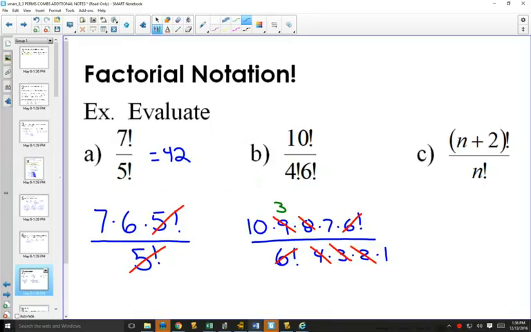Yeah, I can do that again. There we go. First of all, I expanded the big one, right? Are you okay with that? And I stopped when I got to 6 because it would keep going, and that allows me to cancel these. I expanded the 4 factorial to get 4 times 3 times 2 times 1.